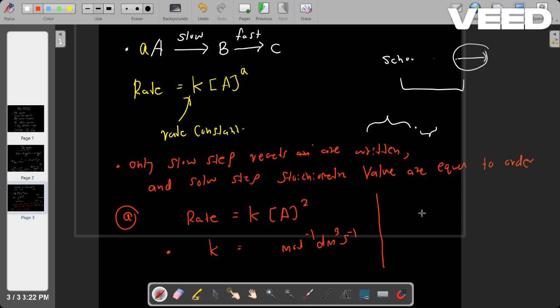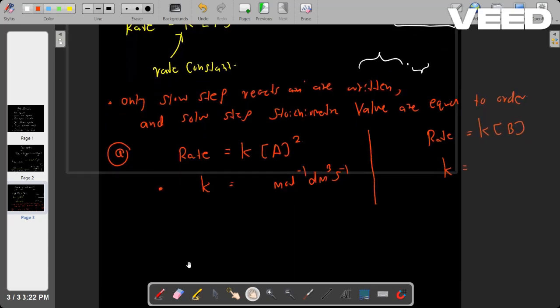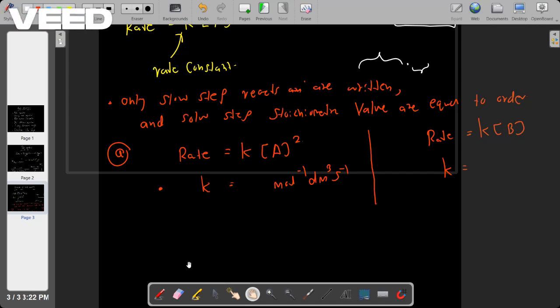Now I will give another one. Rate is equal to K[B]. Find the units of K. What does it mean? It is only per second, right?